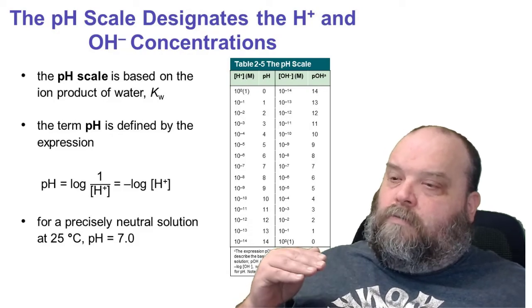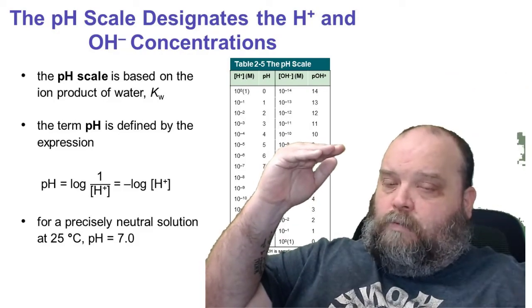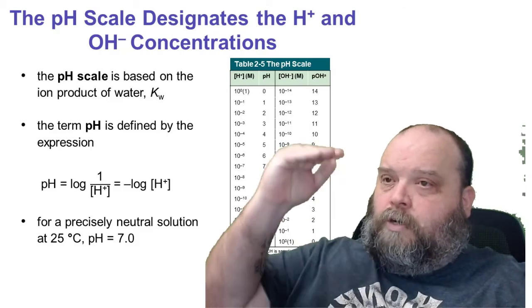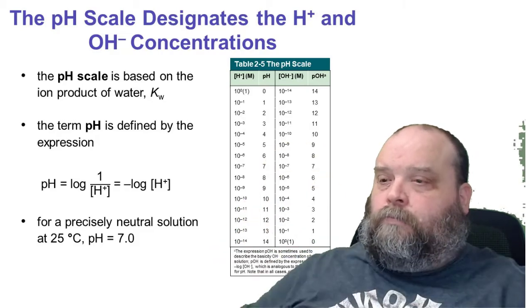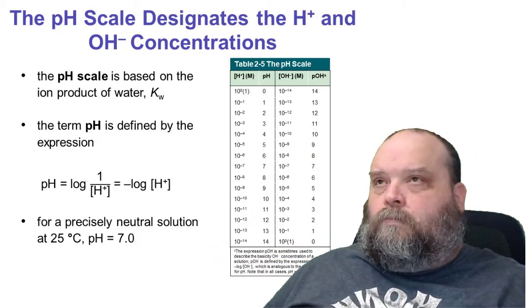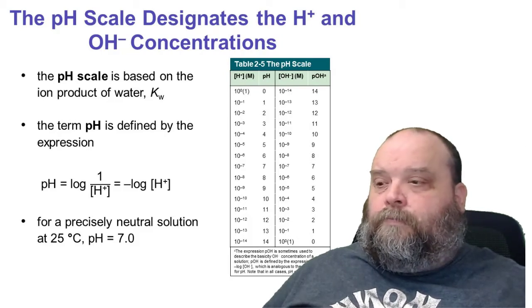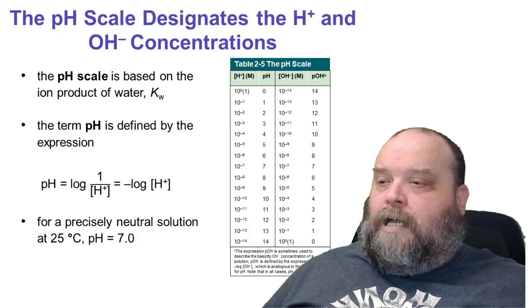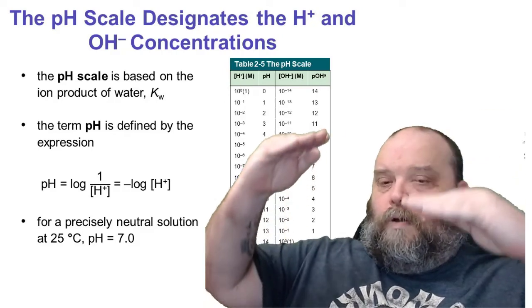So as free hydrogen goes up, pH goes down. As free hydrogen goes up, OHs go down. Keep that in mind. The concentration of H and the concentration of OH are opposed.